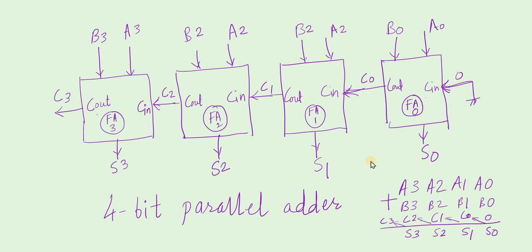As a full adder does addition of a single bit, in multi-bit addition, if we want to do this type of 4-bit addition, then for every bit one full adder will be implemented. So 4 full adders are implemented. In the first full adder, A0 and B0 are added. As there is no carry from behind, the carry input is connected to 0, and it will generate a sum.